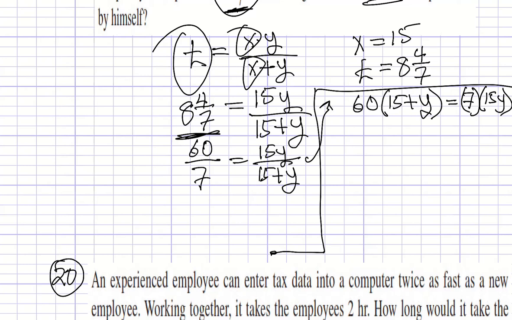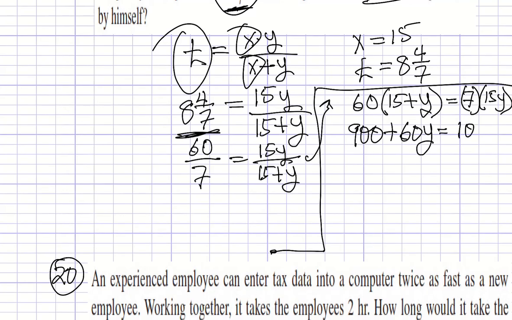60 times 15, what do you get? You get 900 plus 60 times y is equal to, what is that? 15 times 7, what do you get there? You get 105y. You see that, right?